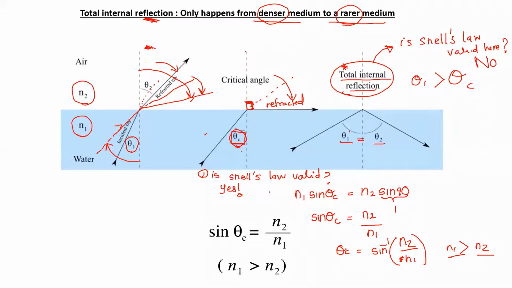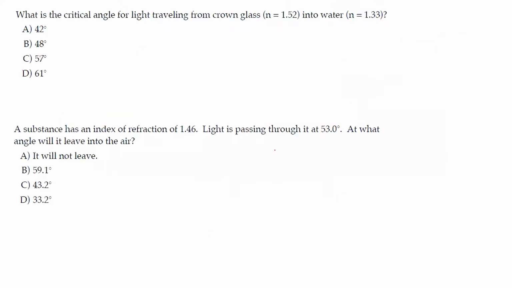So you have to be very careful when you see light going from a denser medium to a rarer medium. You first have to check if your angle is less than the critical angle. If that's the case, only then can you apply Snell's law. There are two problems here, so do these two.